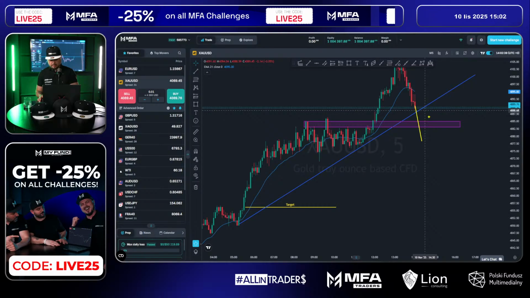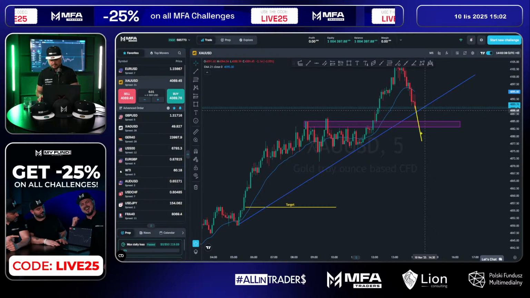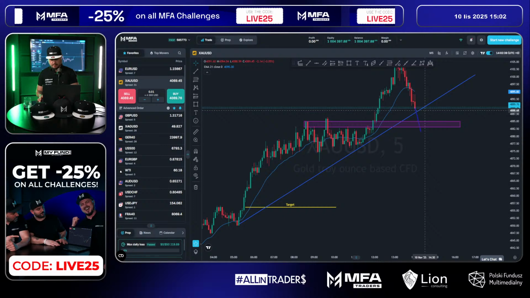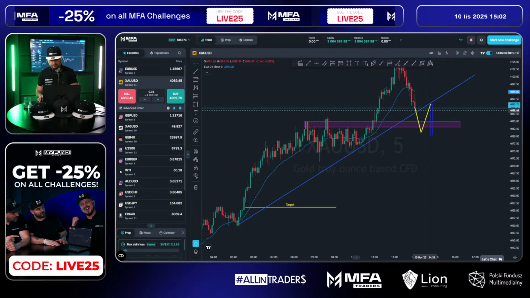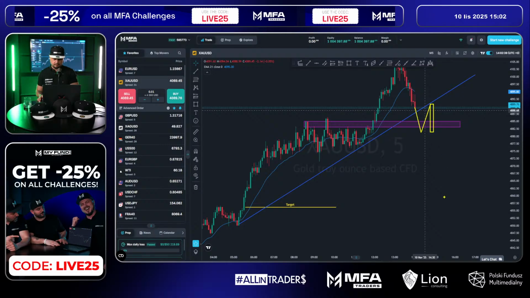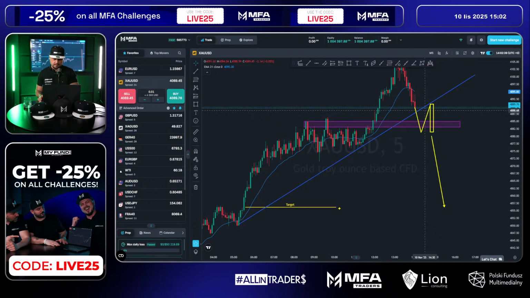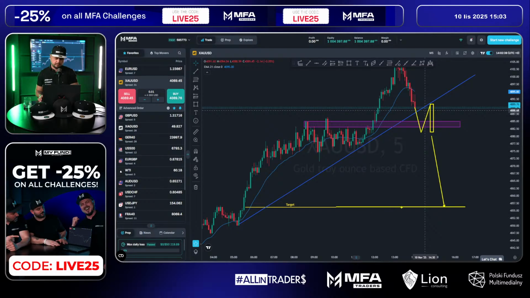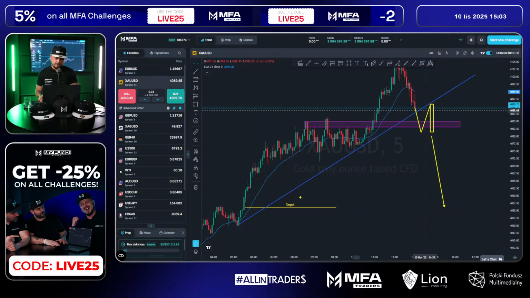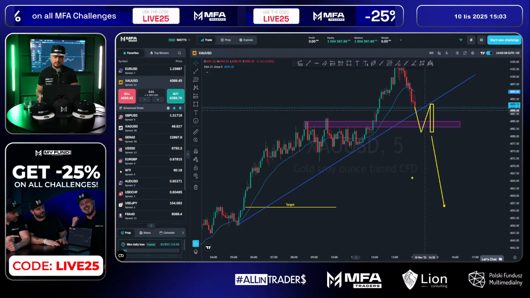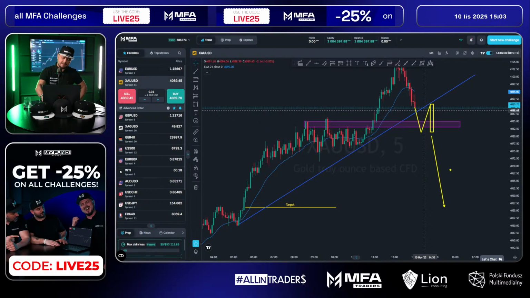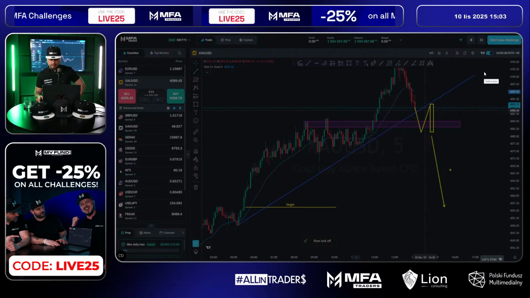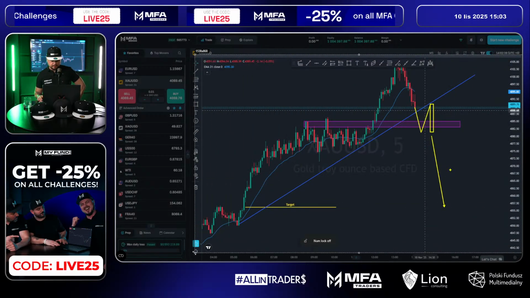Retest this support zone or this trend line, okay? Direction bearish. We got targets from all in ASAP strategy. So this trade might be nice, but we need to wait for the breakout first.